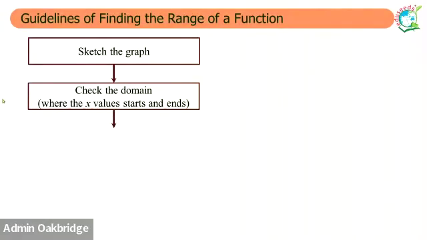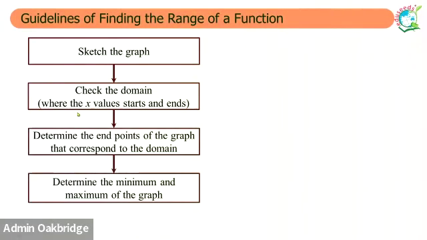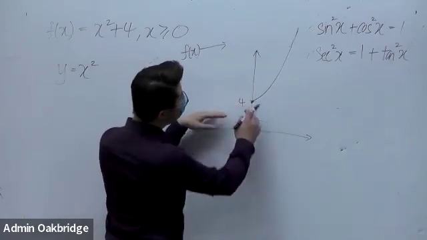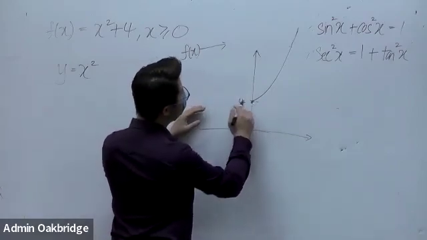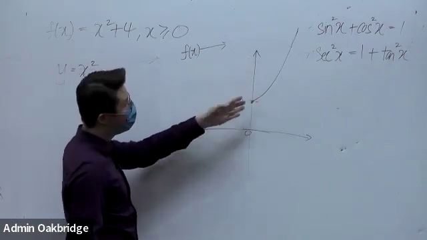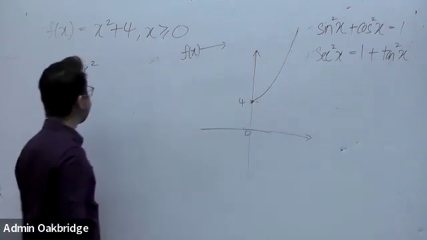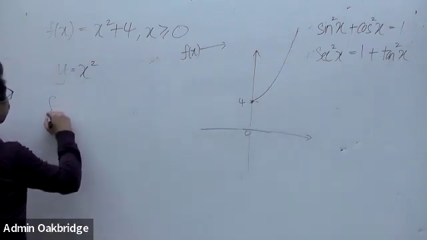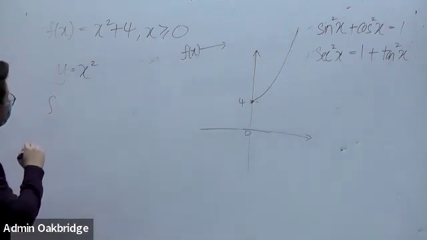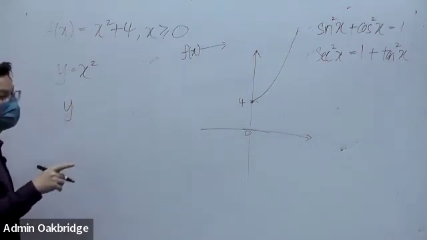So the next step, identify the endpoints, and then determine the minimum and the maximum of the graph. Now you can check the graph. Where is the minimum point here? The minimum value here is 4. Maximum, we don't have any maximum value. If you want to say maximum value, it is up to infinity. So how do you write the range now? When you write the range, you always write in y or f of x.